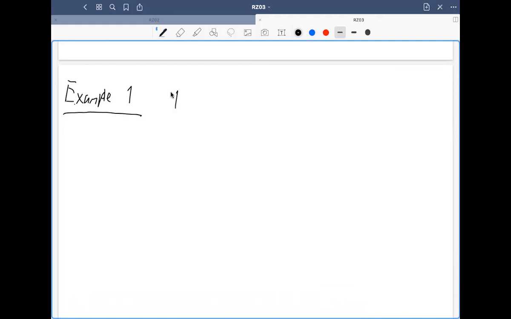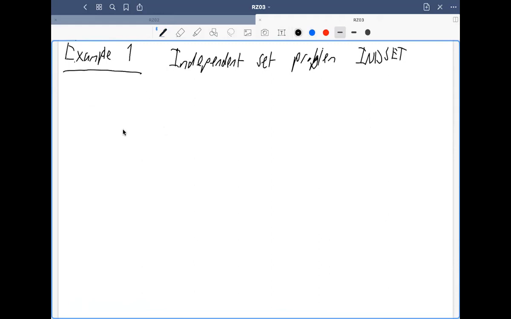It's called the independent set problem. I'm first going to present it in mathematical terms. We're typically going to present problems like this: I'm going to say what the input is, and then what the question is we're trying to answer. It's going to be a yes/no question. So do we accept, that's yes, or do we reject?